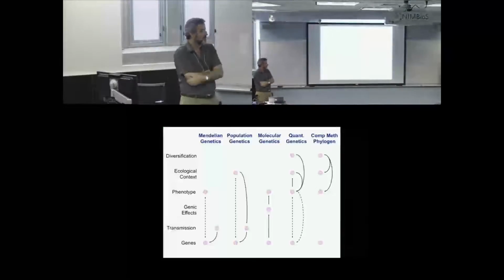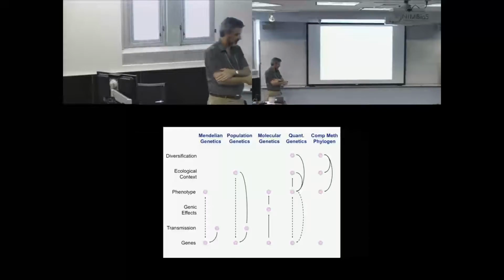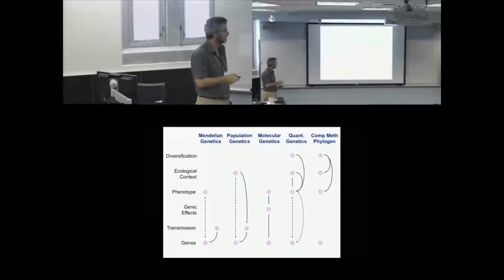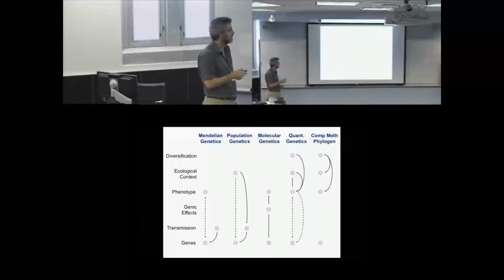And it's natural, I think, in science, that different parts of science have different emphasis areas that are working. And so without going into this in any great detail, we have different levels of organization, from genes to the diversity among organisms.